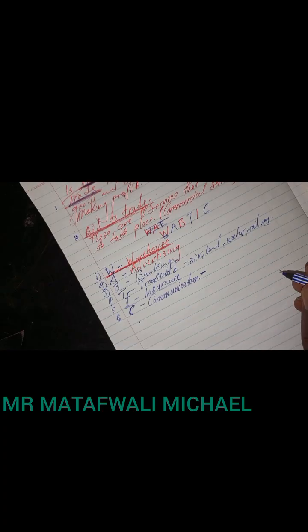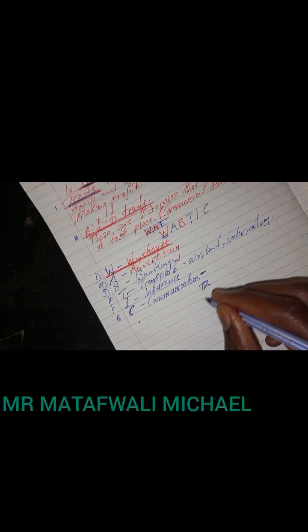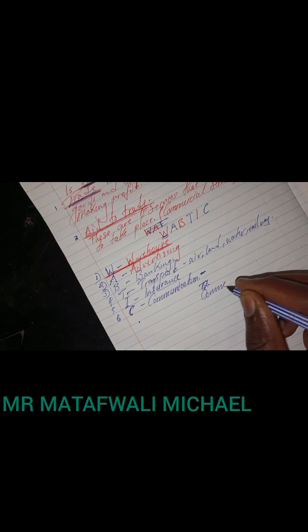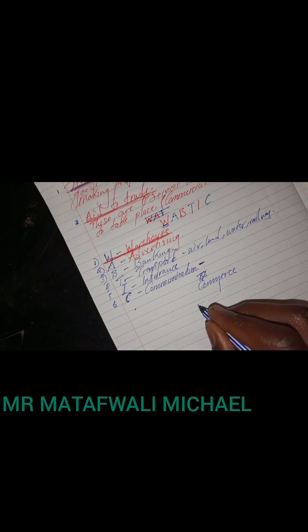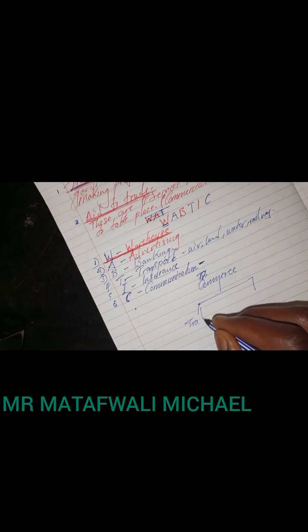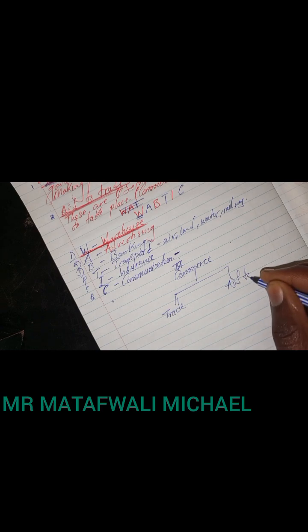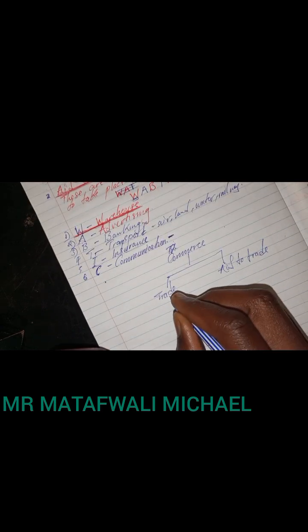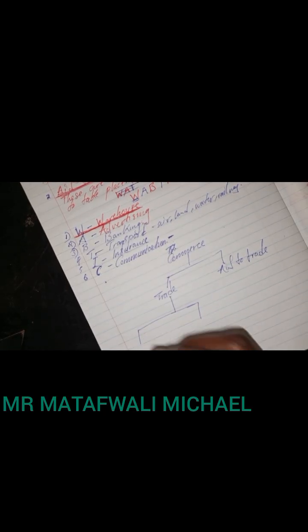Sometimes they encourage us to draw this diagram where we have commerce on top. Then commerce breaks down to trade, and here we have aid to trade. From trade, you know that trade can take place in two ways.